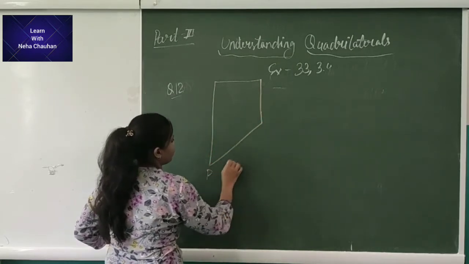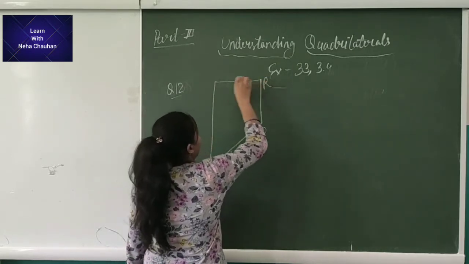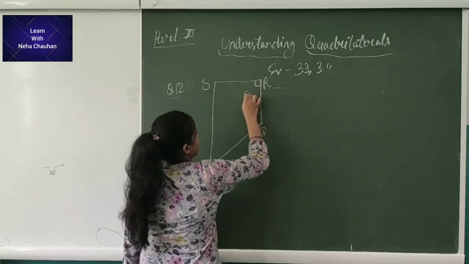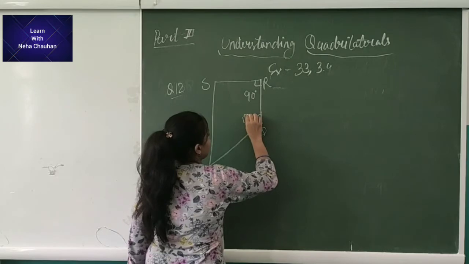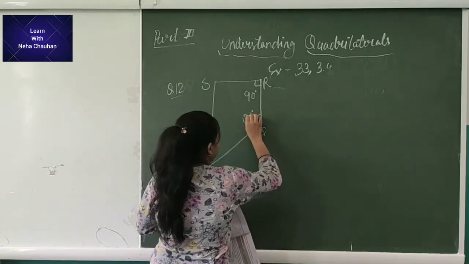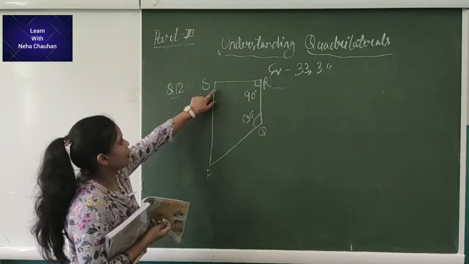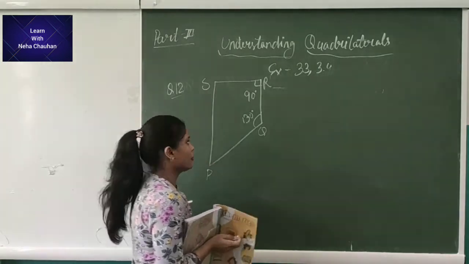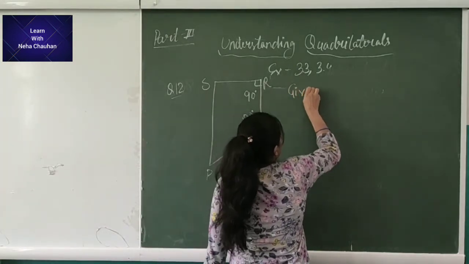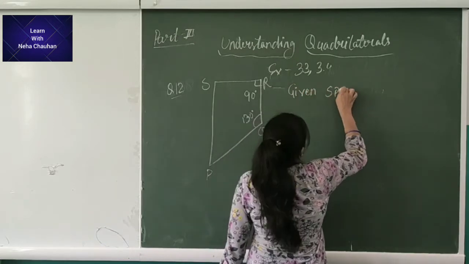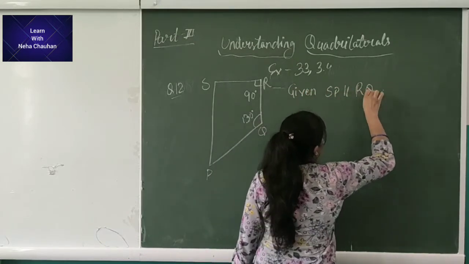This is P, Q, R, S. R is 90 degrees, Q is 130 degrees. So, we need to find angle S and angle P. Given is SP is parallel to RQ, right?